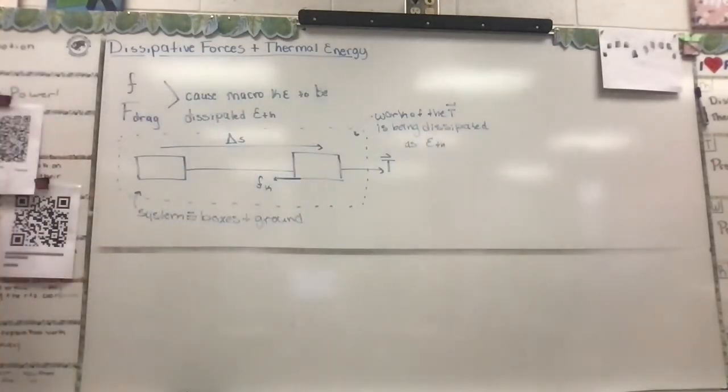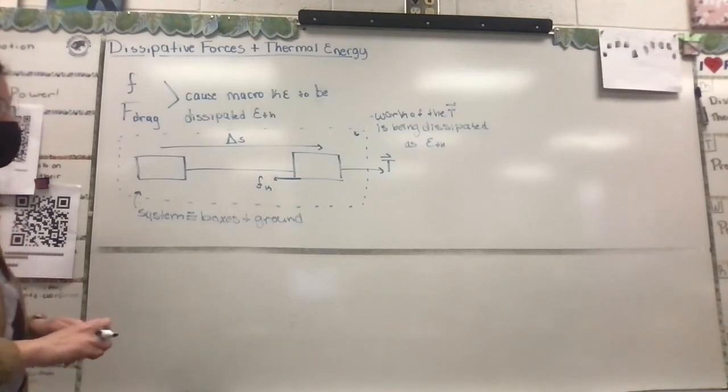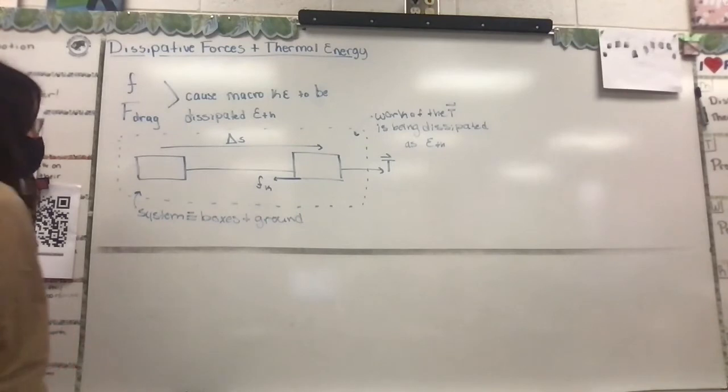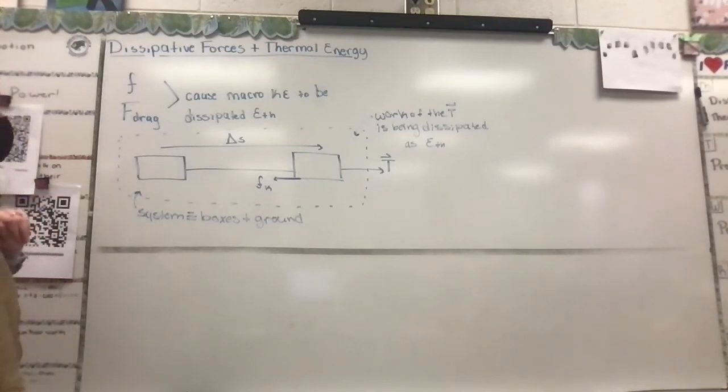And what's creating the thermal energy, you guys? What's dissipating it? Friction. The friction, okay? So if we pull harder and faster, is that going to increase or decrease the thermal energy? Increase. Good job. So the work done by the tension is going to increase the thermal energy. And the thermal energy is happening between what and what? The boxes and the ground. Good job, okay?